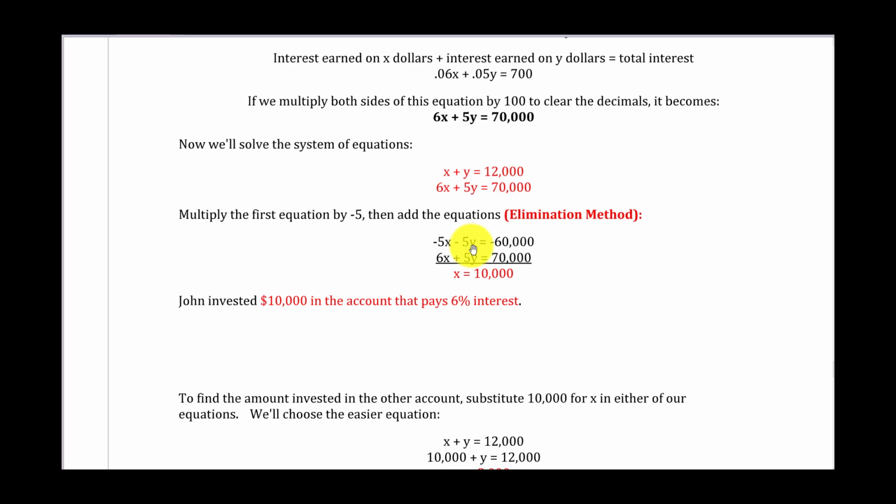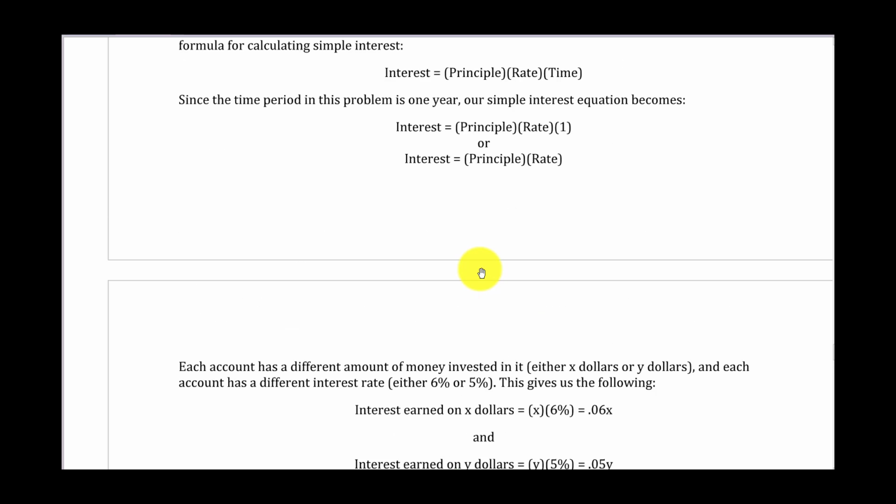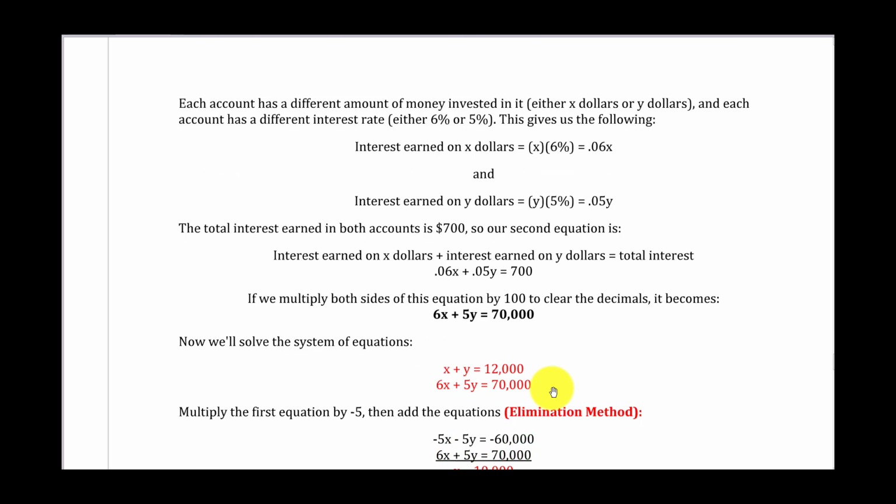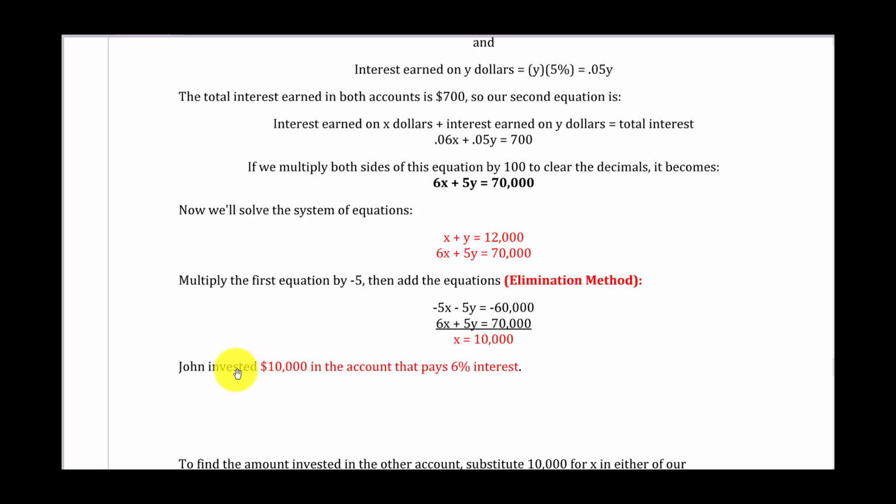So the -5y and 5y cancel out. 6x added to -5x gives me 1x. 70,000 added to -60,000 gives me 10,000. So x is equal to 10,000. But remember, x is the amount of money that John invested in the 6% account. Therefore, John invested $10,000 in the account that pays 6% interest.